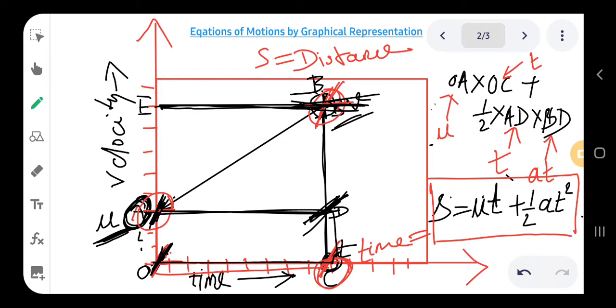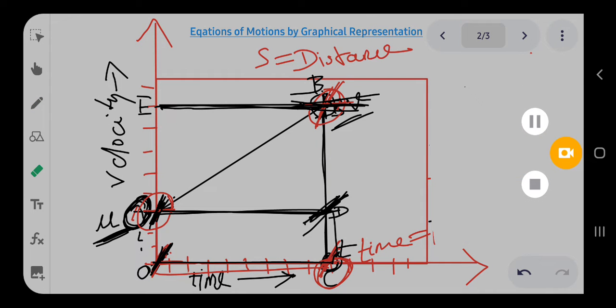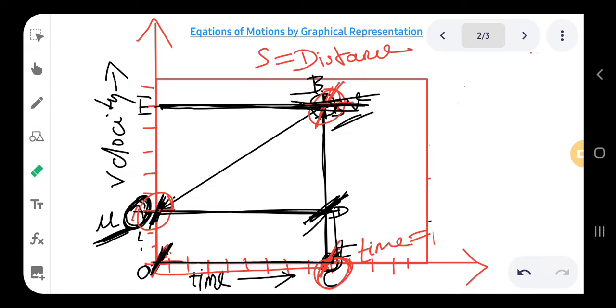Let me erase it and we will prove the third equation. In the second equation, we first found the area of this and this, and we added them.